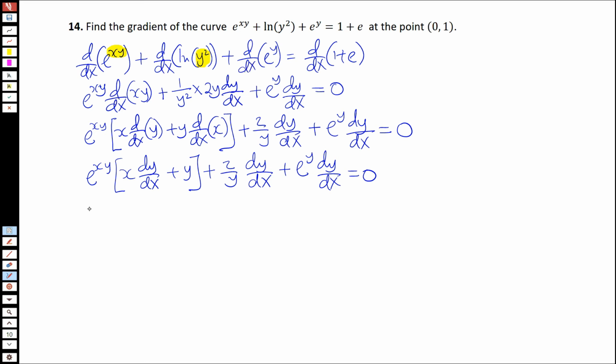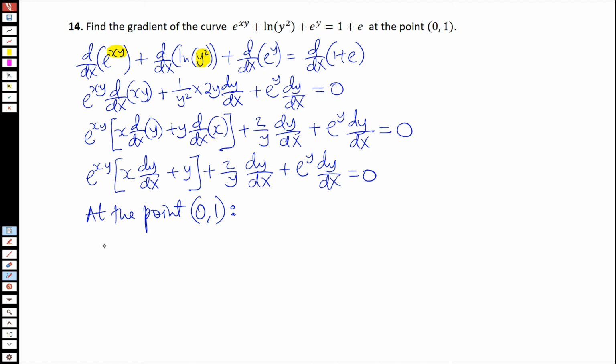So we can go ahead and say that at the point (0, 1), what you're interested in is to find dy over dx. So we substitute (0, 1) in this equation.